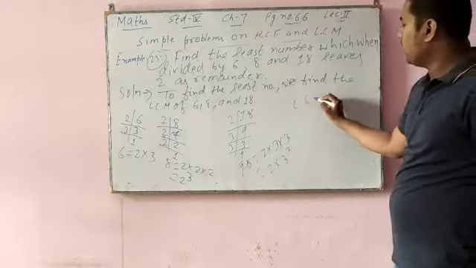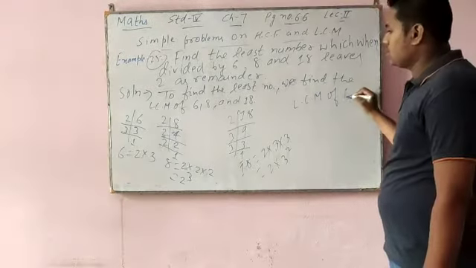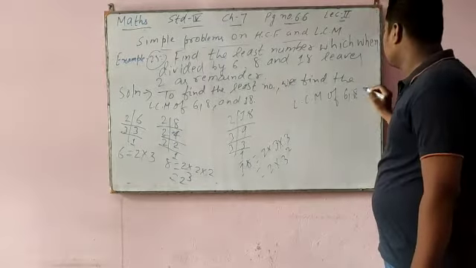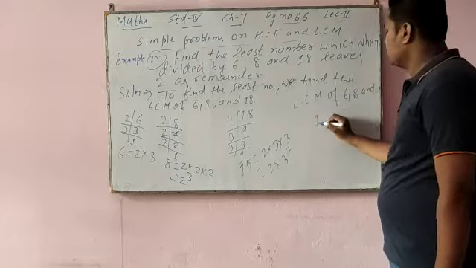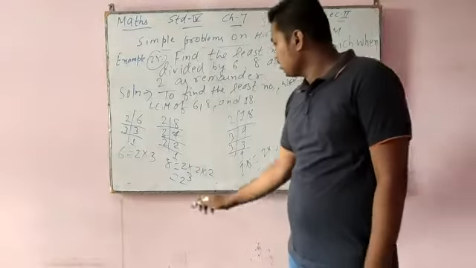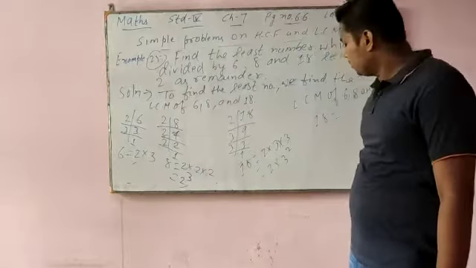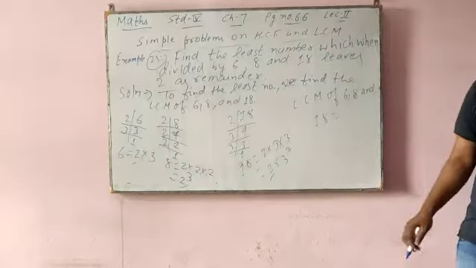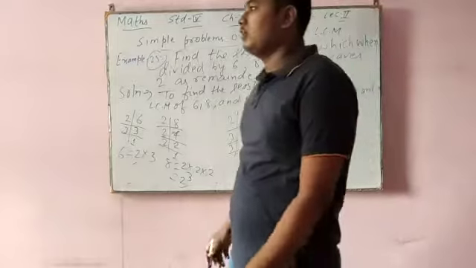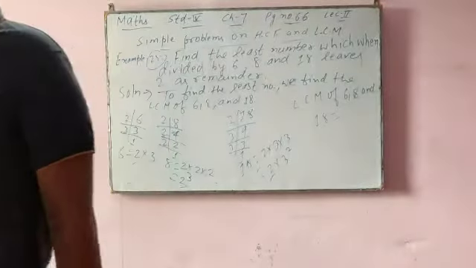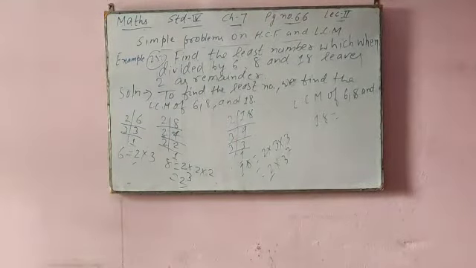Now I will find the LCM of 6, 8 and 18. So see, first here is only one 2, here 2 to the power 3 and here also only one 2. I told you in LCM, least common multiple, if the common number is there, we take the one whose power is more.